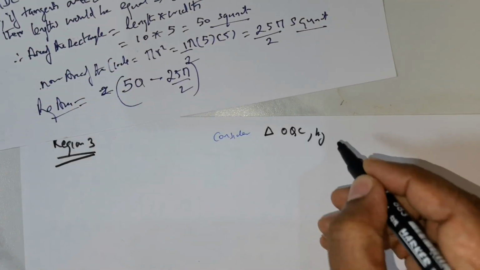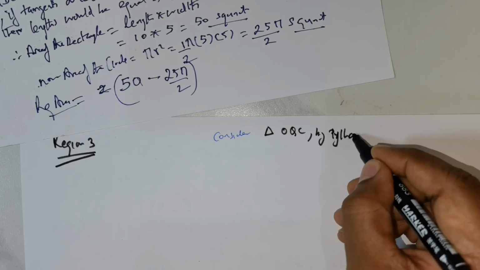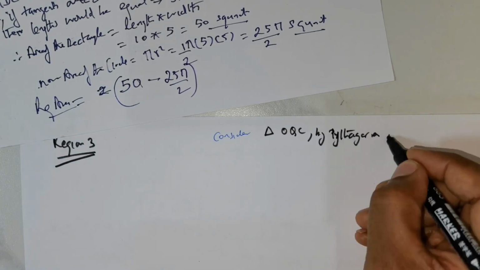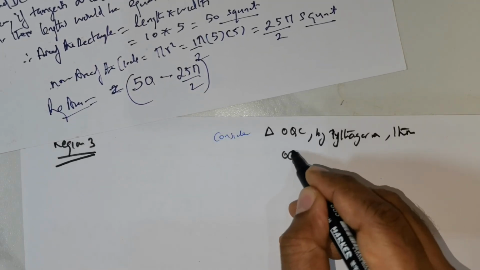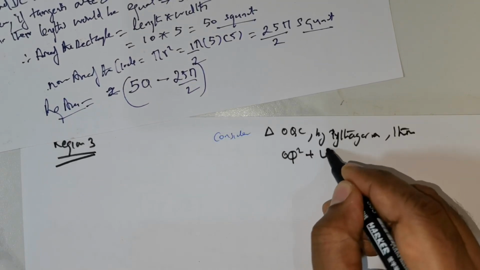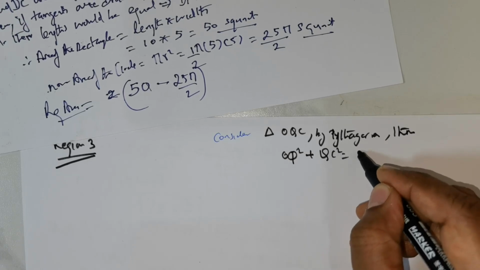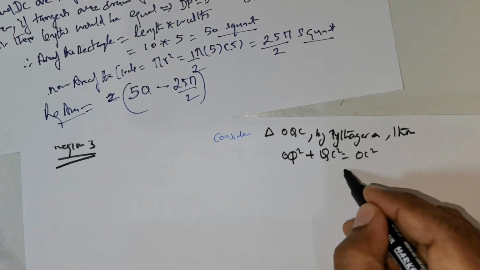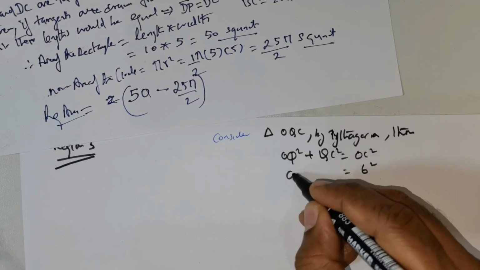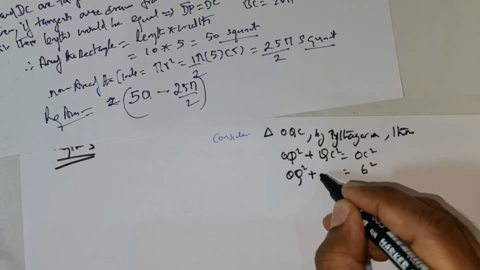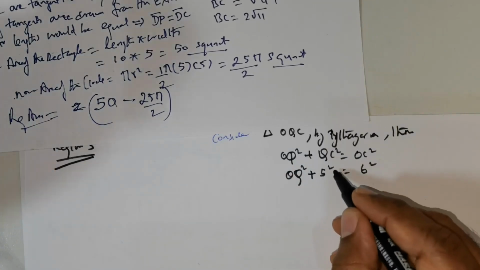So we can apply the Pythagoras theorem. What do we get by the Pythagoras theorem? OQ squared plus QC squared is equal to OC squared. Now OC squared is 6 squared, OQ squared is required, and QC is 5, so 5 squared.